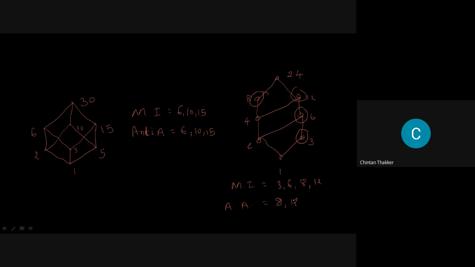Atoms are join irreducible elements which are the cover of the zero element. Anti-atoms are meet irreducible elements which have cover the I element.